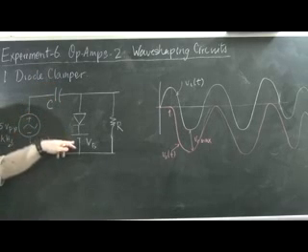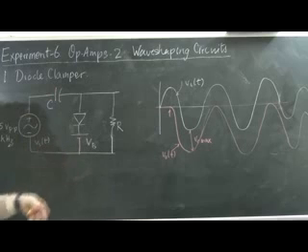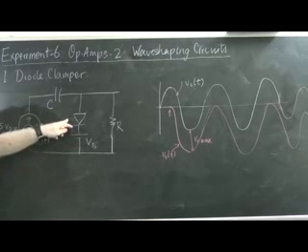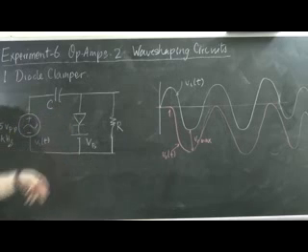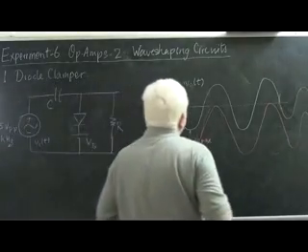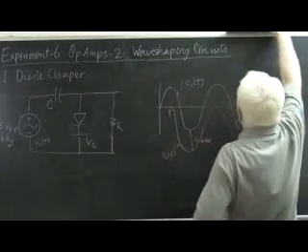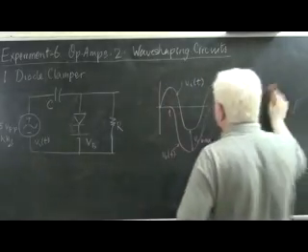If you set it to a negative value, the turn-on voltage would be shifted downwards. Positive voltage here, turn-on voltage goes up. Negative voltage here, turn-on voltage goes down. And accordingly, what you would see over here is a slightly modified waveform, such as this.